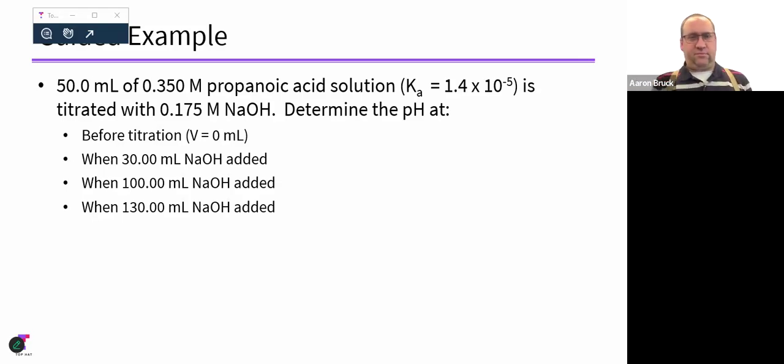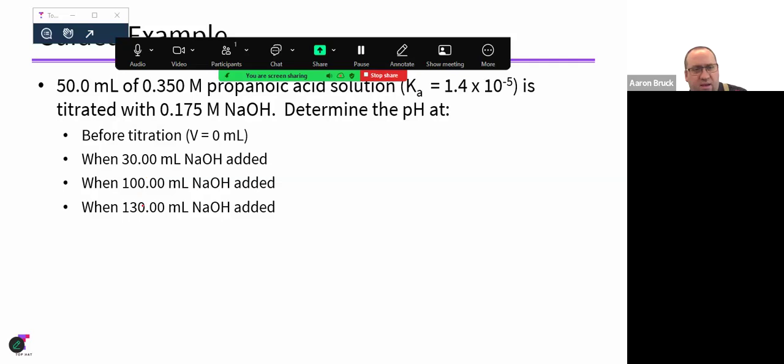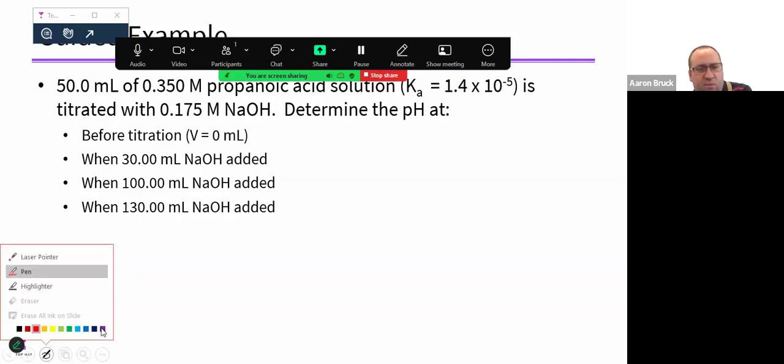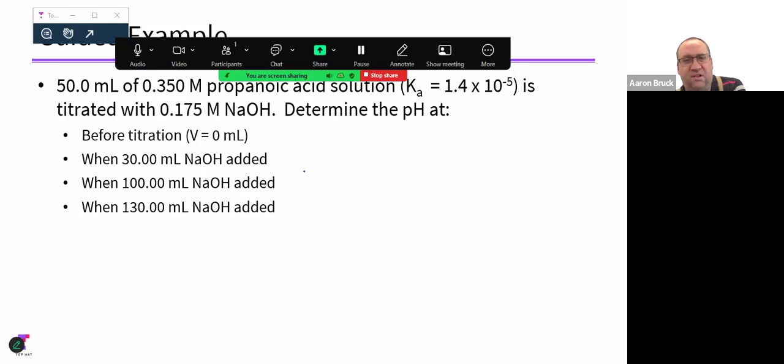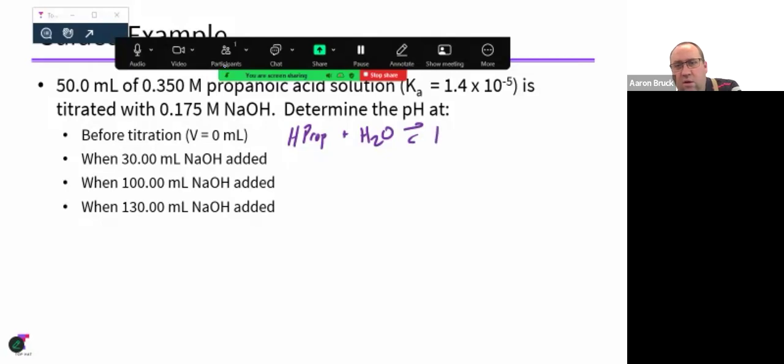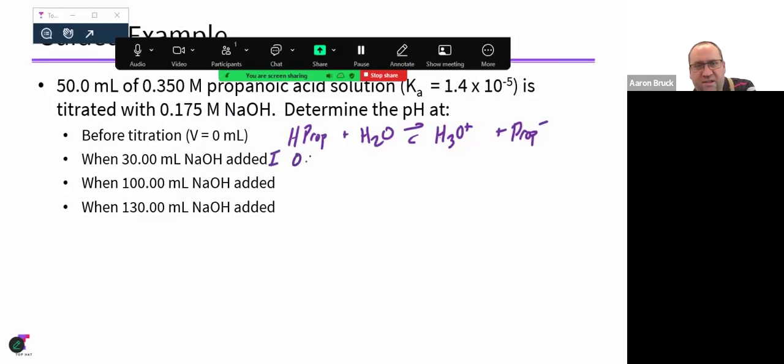So let's set up, and I've got a couple of slides here that I can add on to. Let's set up where we are. The first one's actually relatively easy. This is just a weak acid equilibrium question. Our initial concentration of the propanoic acid is 0.350 molar.